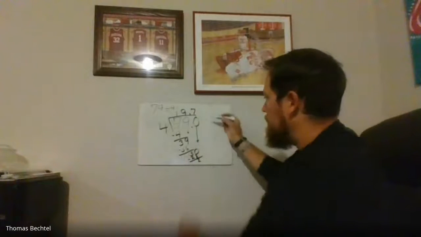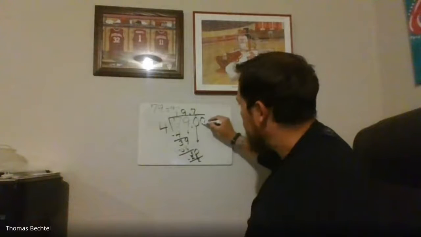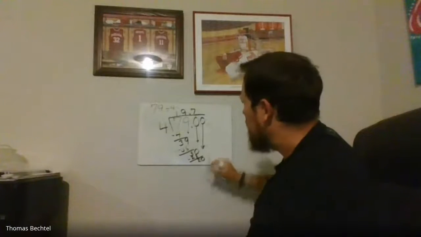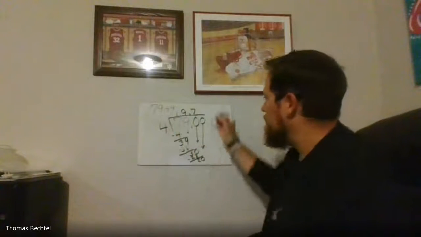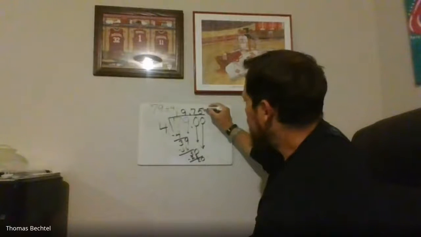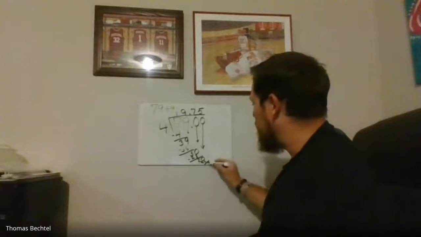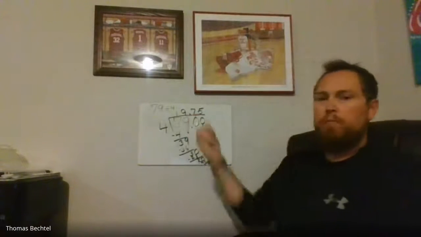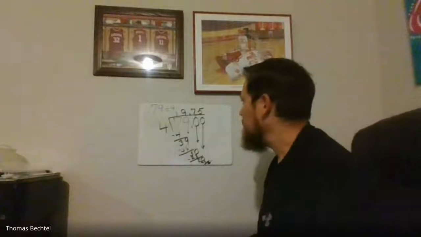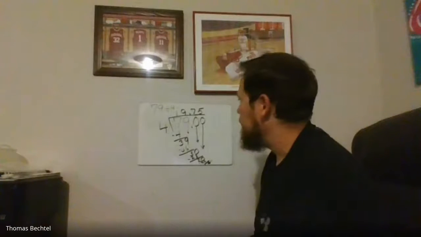Okay, so what's on the other side of that? Well, it's another 0. And we know that 4 goes into 20 5 times. 5 times 4 is 20 with 0 left over. So now we know we are done. We get our answer 19 and 75 hundredths.